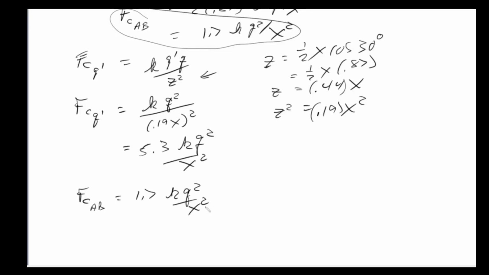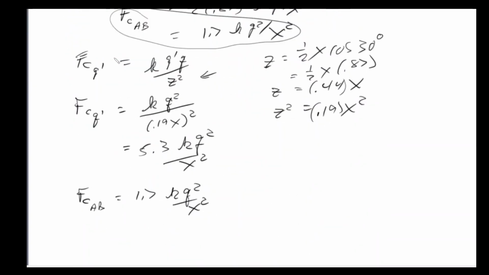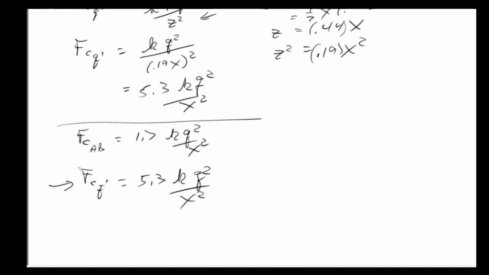And we just found that the force on C due to the Q prime charge, which is a negative force, is equal to 5.3 times K Q squared over X squared. So as you can see, this force is greater than that force.